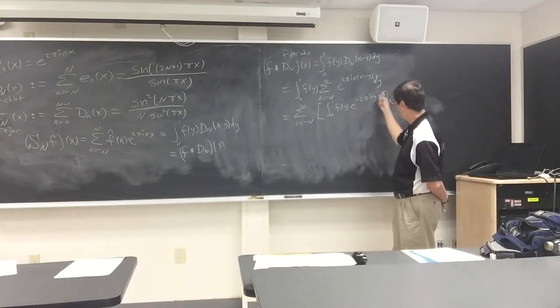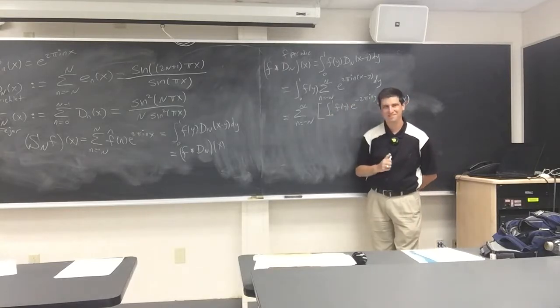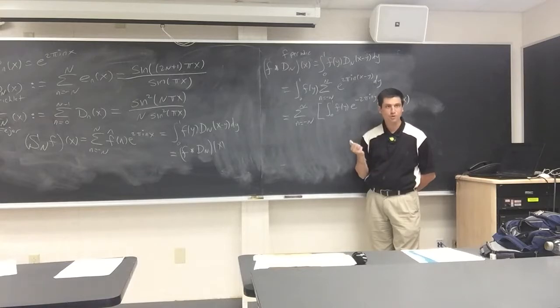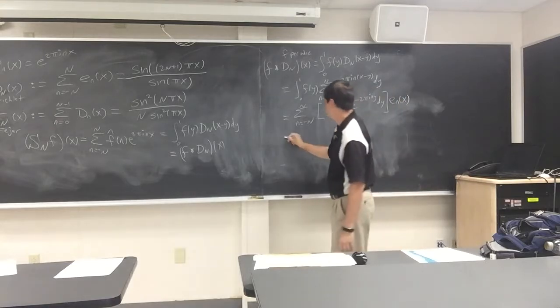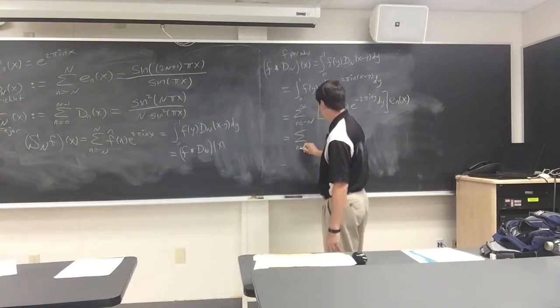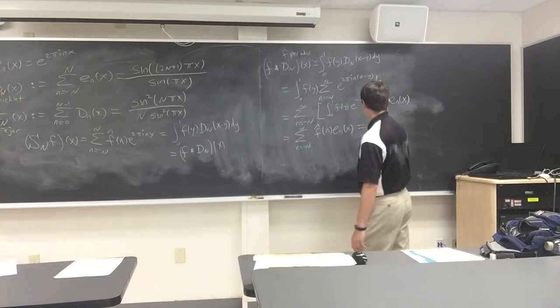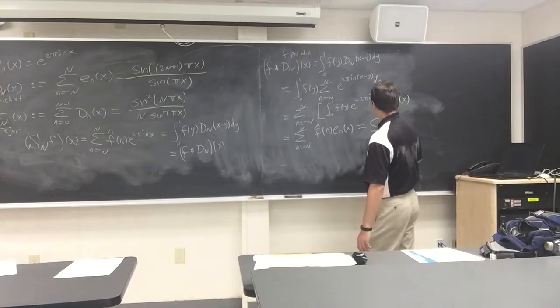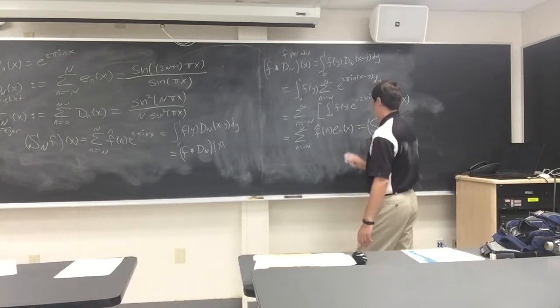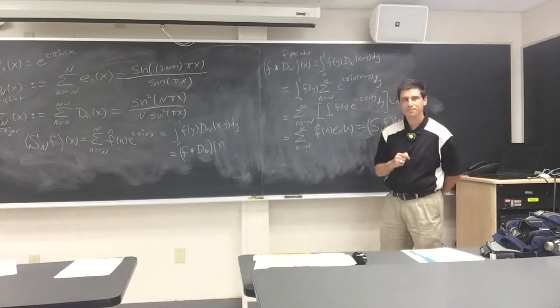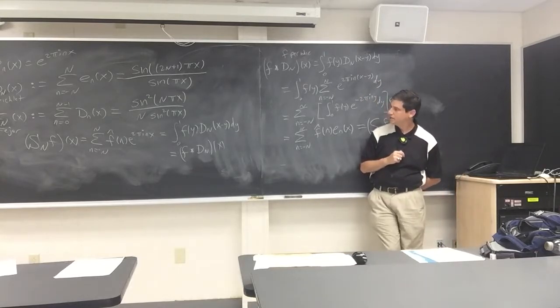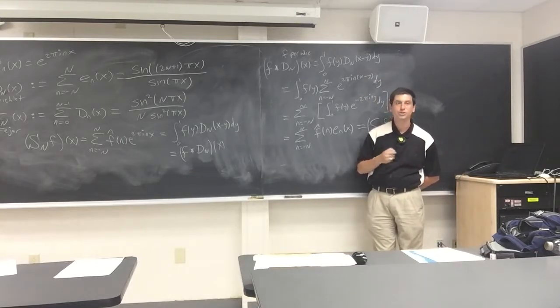But by definition, what is this quantity in here? That's just the Fourier coefficient at n. So this is just going to be the sum, n goes from minus N to N, of f hat of n e_n of x, and this is just S_N f at x. So this gives you an idea of why it's good to convolve with the Dirichlet kernel. It gives you the Dirichlet series.